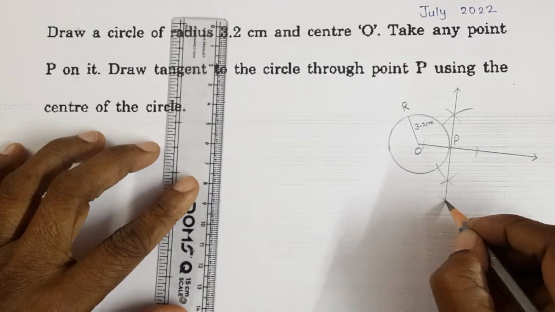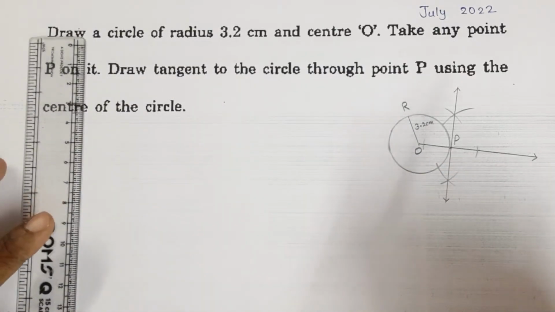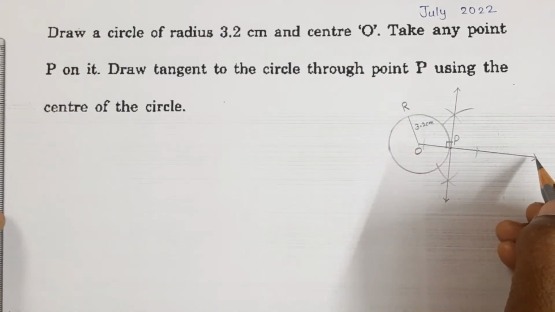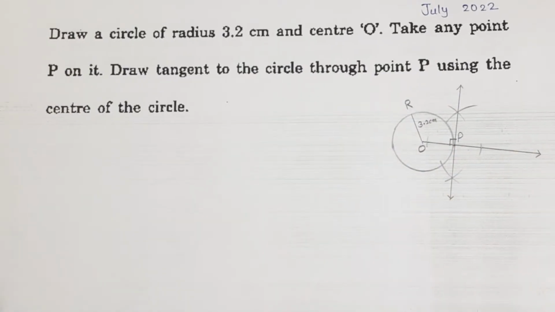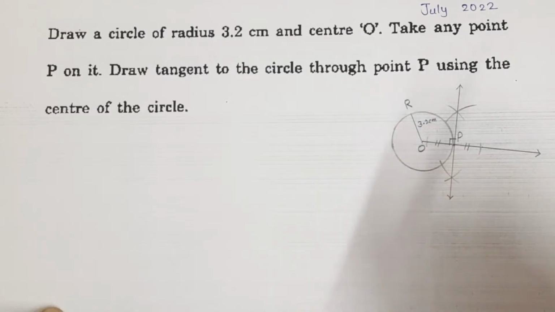So this is the tangent passing through the point P. Now marking here, I write L, and here is M.